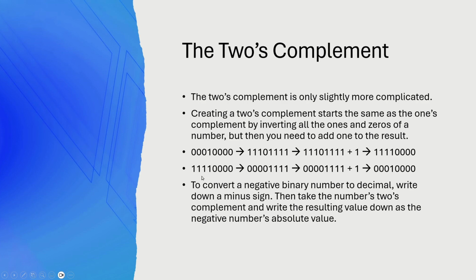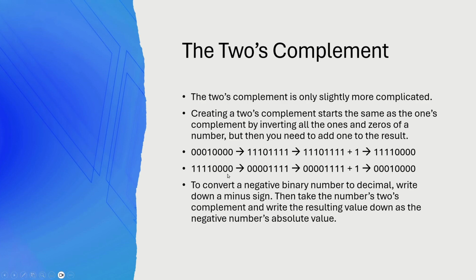Now, to go from a negative to a positive number, you do the same thing. You take this negative number, 11110000, and take the inversion of that, 00001111, then add 1 to that, and that brings us to this number, 00010000, and that is the number 16.